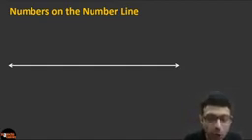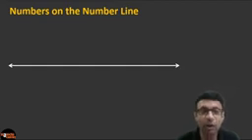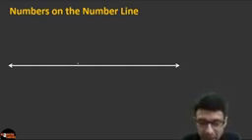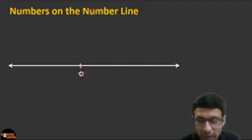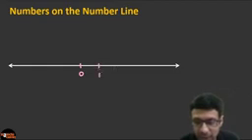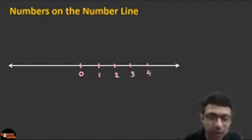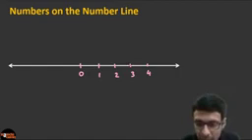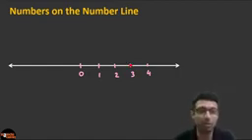Let's take a look at the numbers on the number line. All of you know what the number line is and how we can represent numbers on it. First, let's mark the zero. If this is 1, this is 2, this is 3, this is 4, then 3 is going to be here on the number line. And where will minus 2 be?